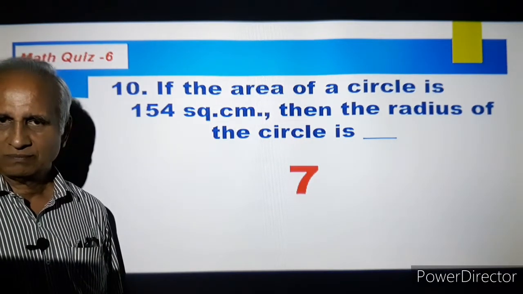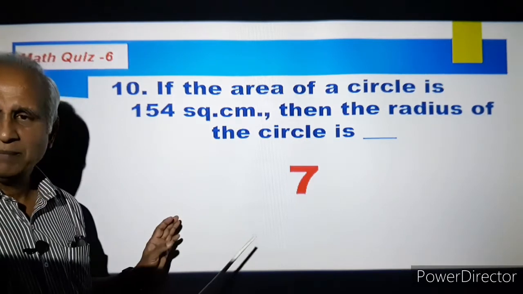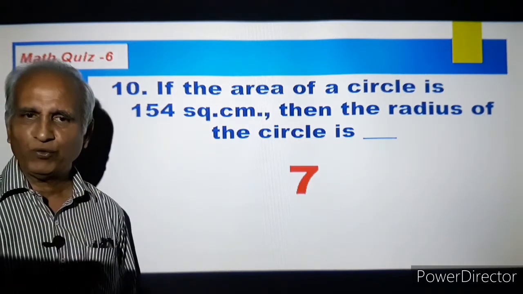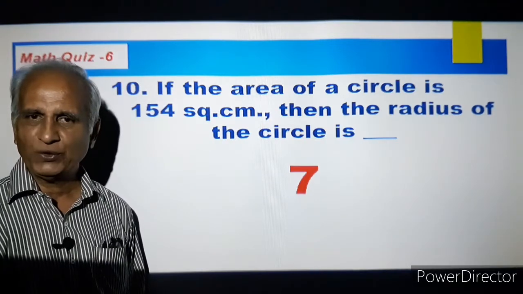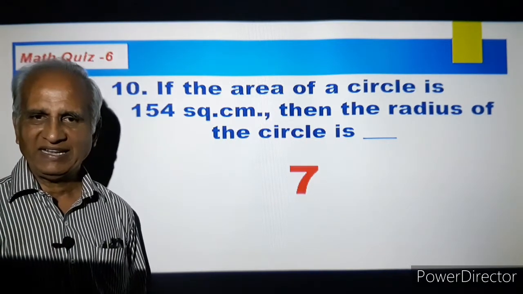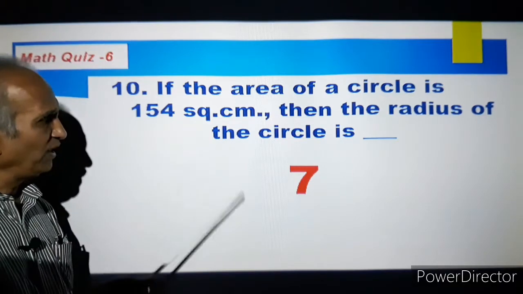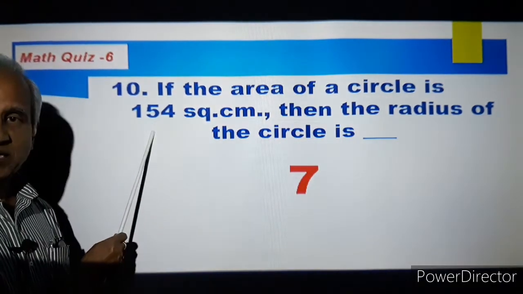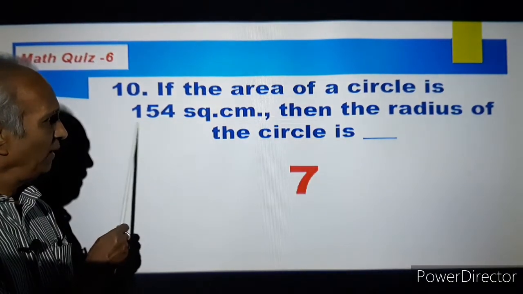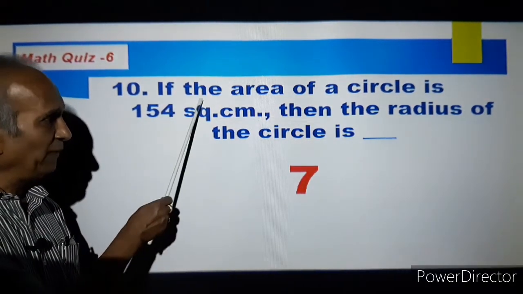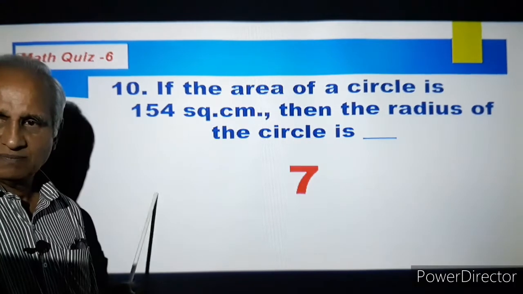Now the problem stands at 154 by pi. That will give you the radius squared. 154 by 22 over 7. That becomes 154 by 22 multiplied by 7.